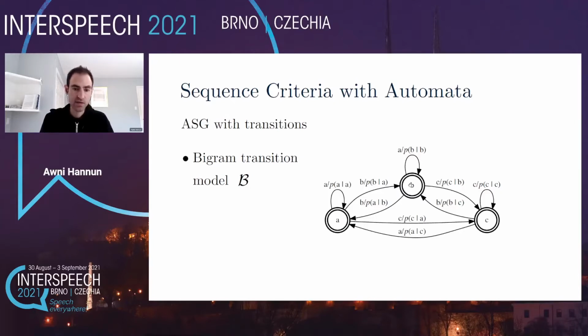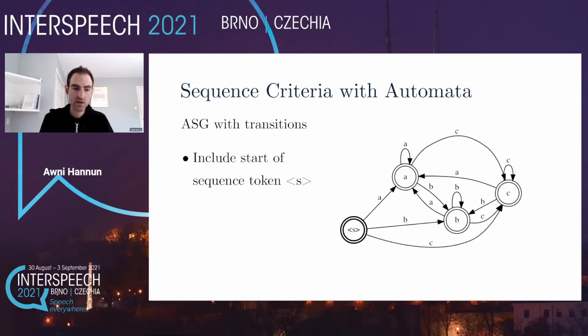So the state that you're in represents the history, and then the next output token and weight represent the score of that output token given the history. So that's what the transition graph looks like, and I can use that transition graph. One more point about the transition graph is that we usually encode a start of sequence token, just to denote the fact that we score at the beginning.